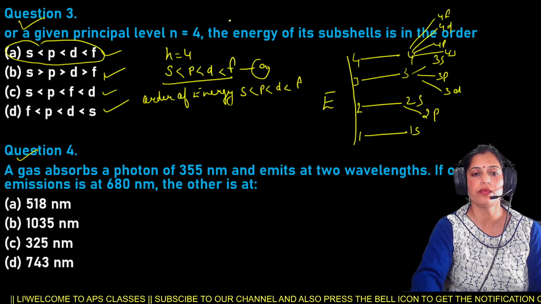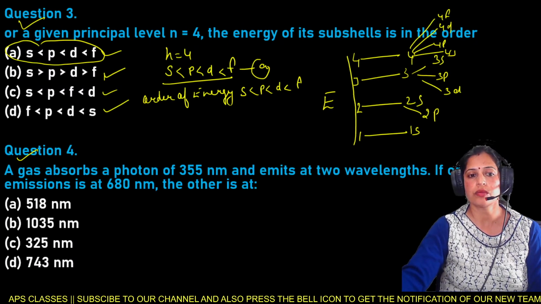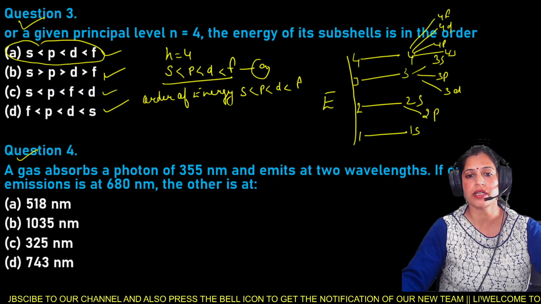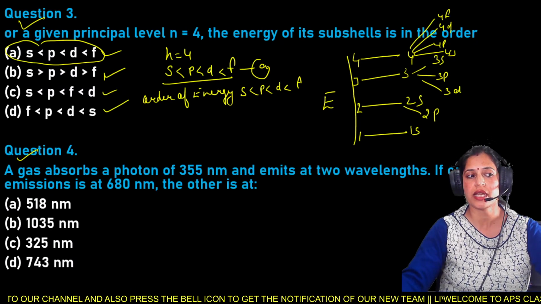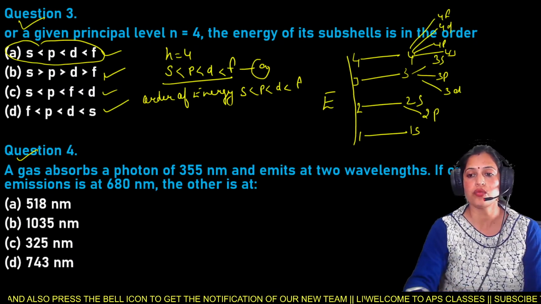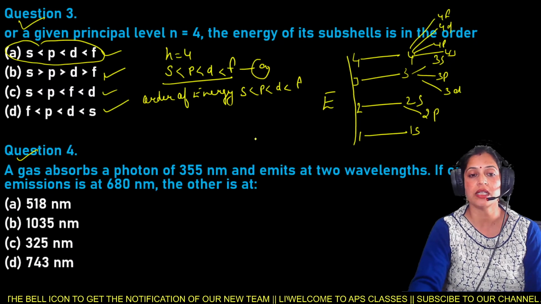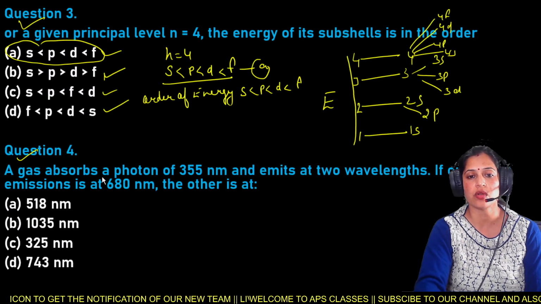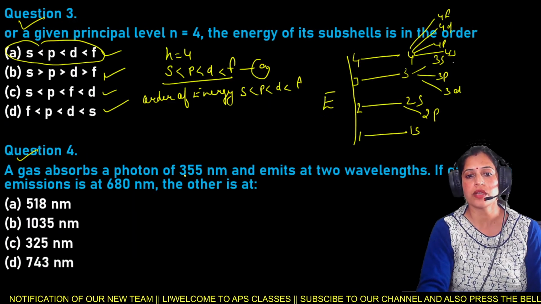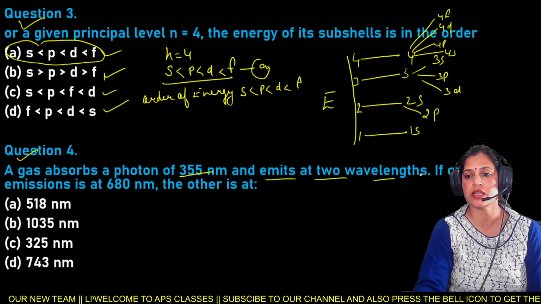Next is your question number 4. A gas absorbs a photon of 355 nanometer and emits at two wavelengths.